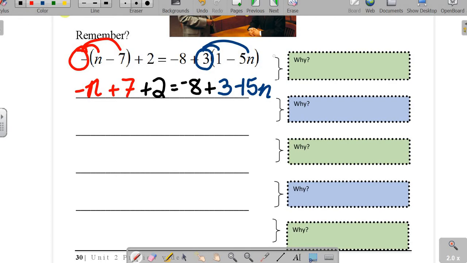Now you ask yourself, between this step and this step, what was the why? What was the reason that's allowed? And that would be the distributive property.